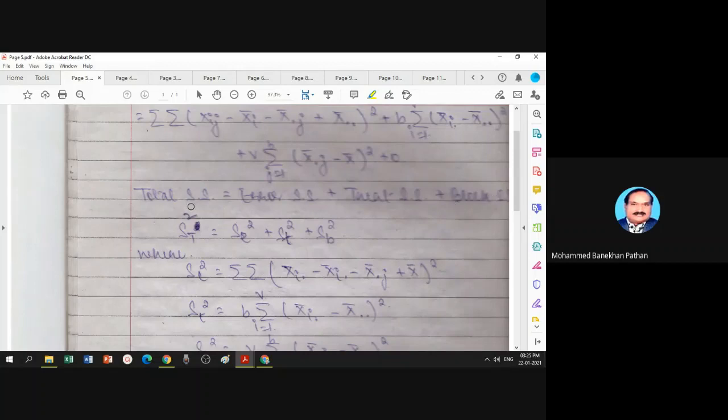This is called the partition of total sum of square in RBD. How to write it by notation? S square T is the total sum of square, equal to error S square E plus treatment S square t plus block S square B.